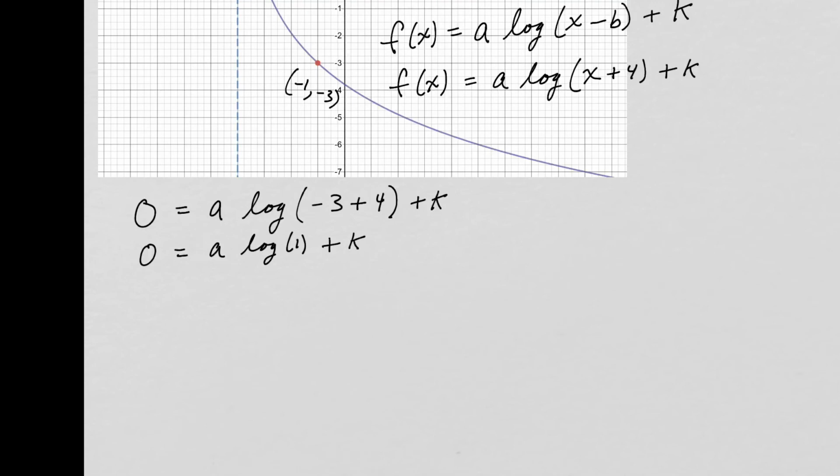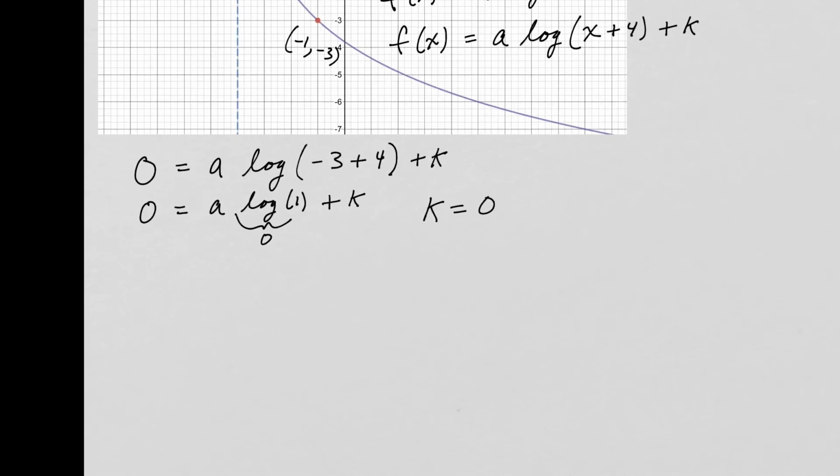And earlier, remember, this is something you just have to know, you should know this really quickly, log of 1 is equal to 0. So this is telling us again that k is equal to 0. Okay, nice. So no additional term is added to the end, right? So k is 0. So now what I need to do is figure out a. So I'm going to use that other point, negative 1, negative 3, to figure out a.